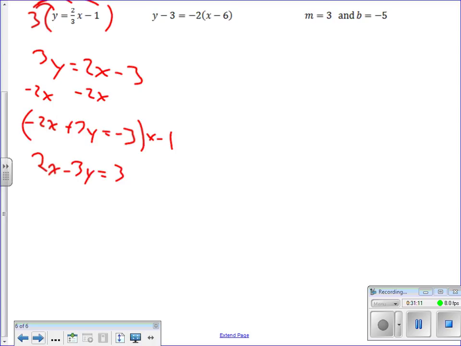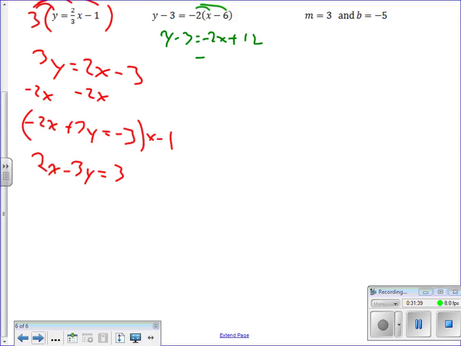Next one, similar idea. First step, get rid of the parentheses. Distribute the negative 2. Y minus 3 equals negative 2x plus 12. Watch your negatives and positives. Move the 2x over to the other side.